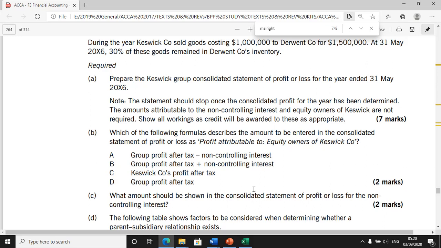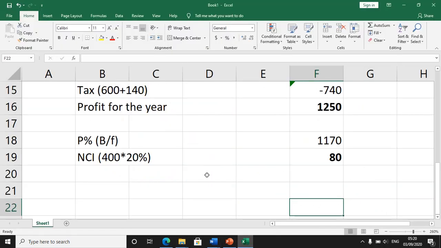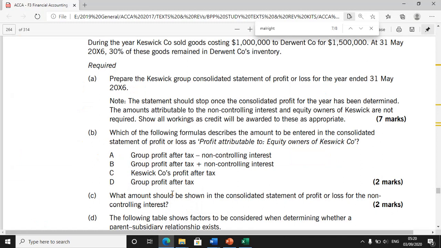The other options are not correct. I think the best option is A. The explanation is, if you want to find that figure, you need to say group profit after tax minus NCI. Please, I want you to remember that.